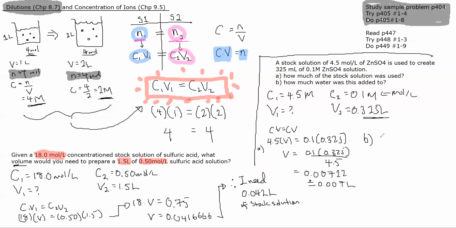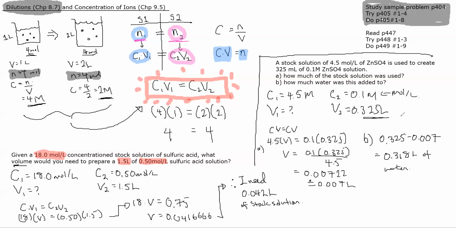If my total volume is 0.325 liters and 0.007 of it is the stock solution, then that means I must have added 0.007 into 0.316 liters of water.